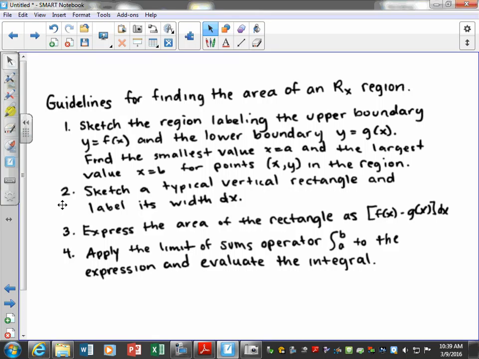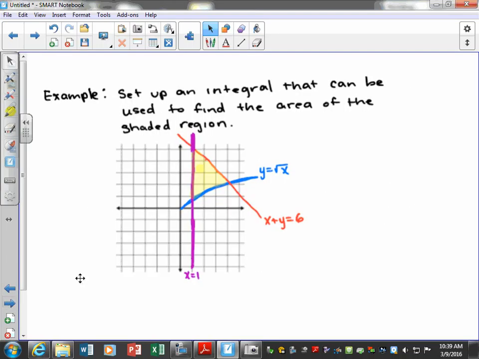Then we're going to sketch a vertical rectangle and label it dx because it's going to be for our Rx region. Then we'll express the area of the rectangle as f of x minus g of x, apply the limit of sums operator, and evaluate the integral. So pause this and jot this down.